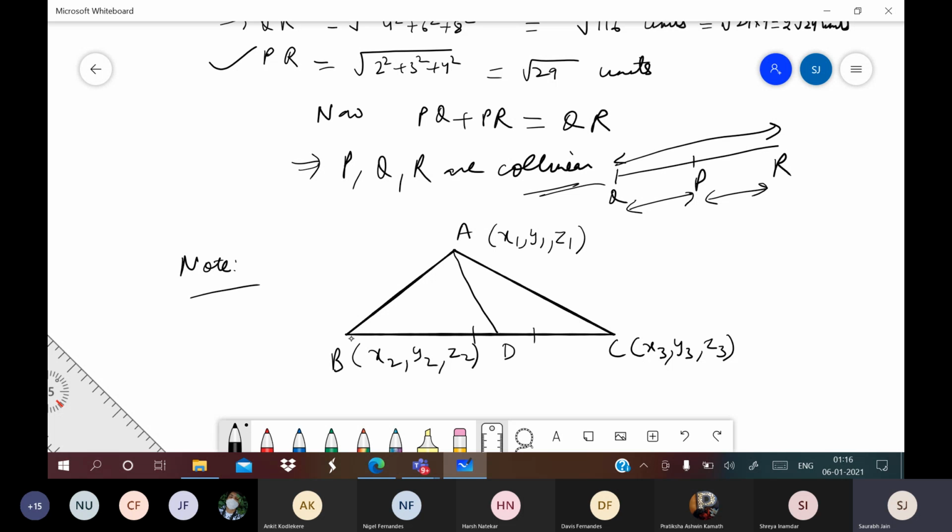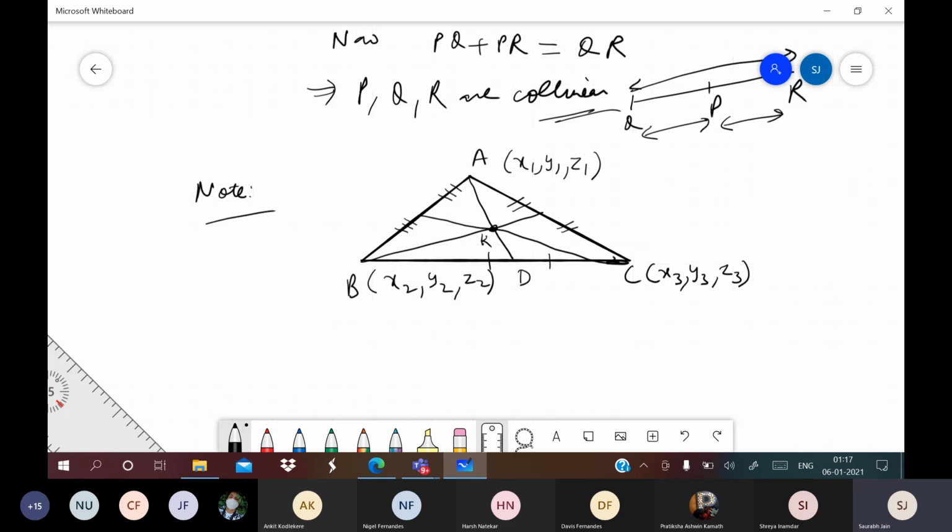The point of intersection of medians is called centroid. I hope you know this. What are the medians? A line segment which is drawn from a vertex to the opposite side such that it bisects the opposite side. So 3 medians are there, and where they meet is called centroid. So coordinates of centroid.